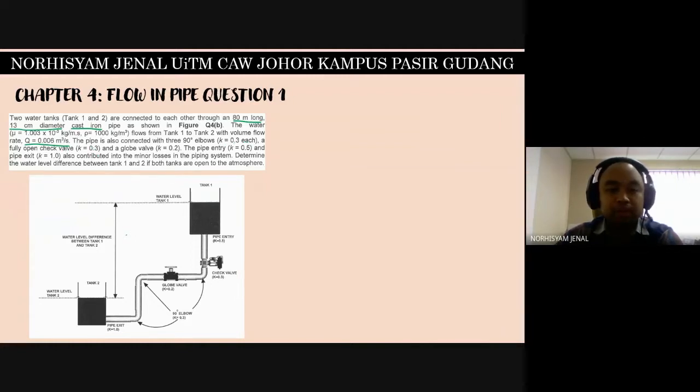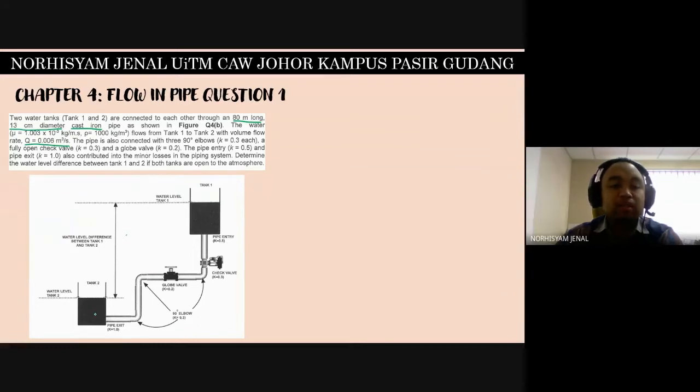So elbow 1, 2, 3, and then we have the check valve here, and a globe valve here. The pipe entry and the pipe exit also contribute to the minor losses in the piping system.